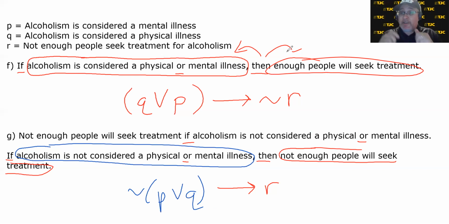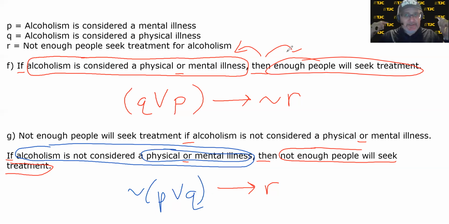I even wrote it incorrectly before. It is very easy to draw the incorrect symbol for and versus or if you're not careful. Doesn't matter how good you think you are. So which one is it? Is it that one with the parentheses, or does it have no parentheses with a negation on both? Not considered a physical or mental illness. It is not this.